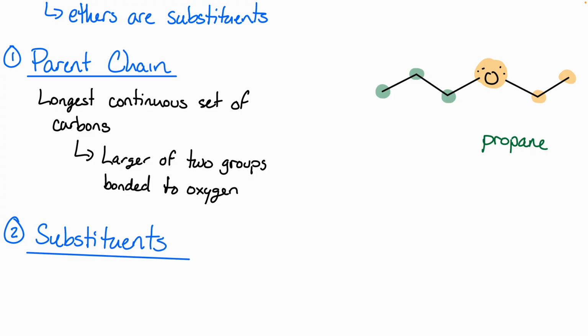We got a new type of substituent here, our ether substituent. How do we go about naming those? We're going to use that number of carbon prefix plus the ending. We have a special ending for these ether substituents, oxy. So 2 carbons, I would use what prefix? Eth.